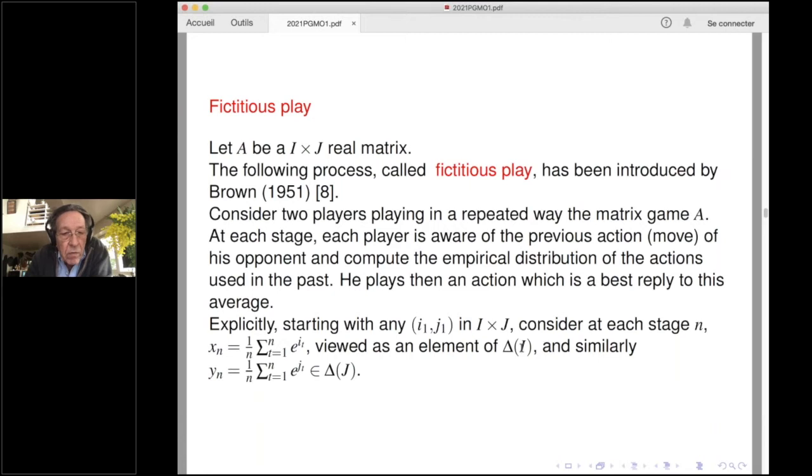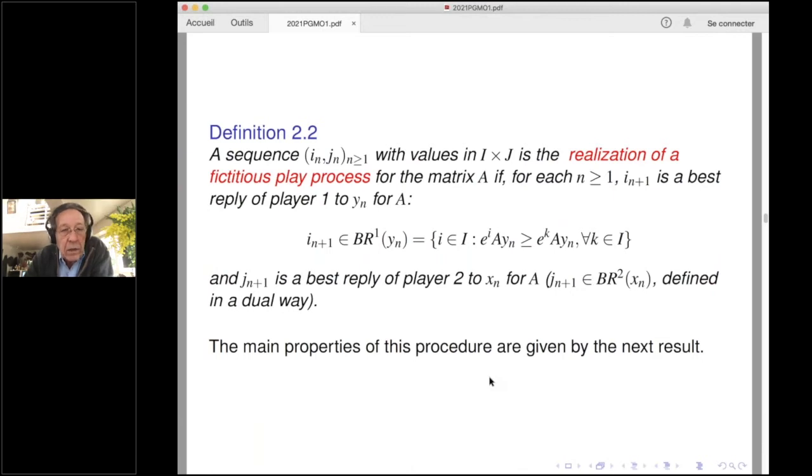So explicitly, we start with any move, and at each stage n, you define xn to be the average of the moves of player one, which is obviously a distribution on pure moves, so it's a point in the simplex. And similarly, yn is the empirical distribution of moves of player two up to stage n. And then we say that a sequence with values is a realization of a fictitious play process for the matrix A if at each stage n, xn plus 1 is the best reply to yn.